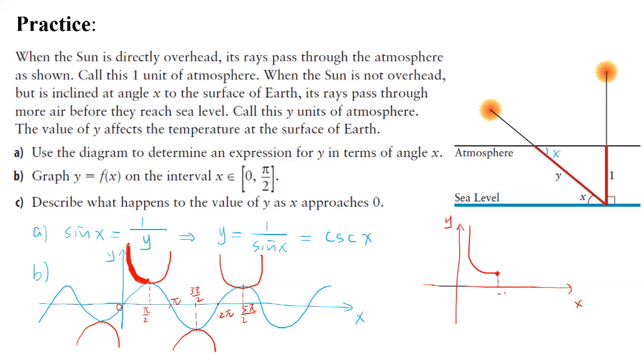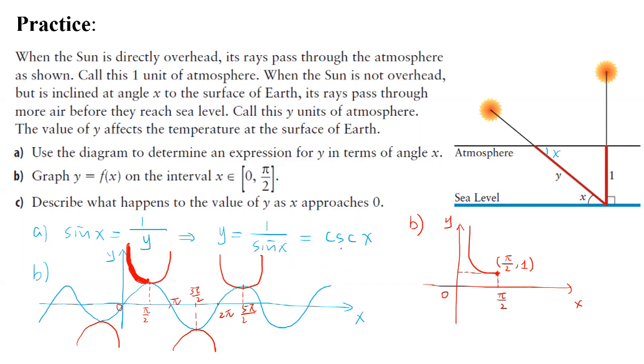And this is half pi, and this is 0, right? And the coordinates of this point is half pi, 1. Okay, so this is the solution of the second question.